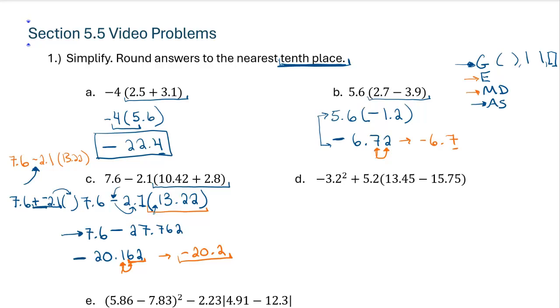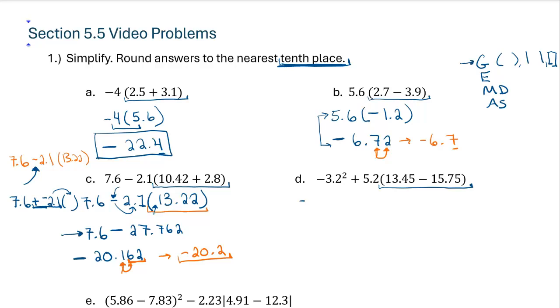So looking at this, we once again have GEMDAS. We are simplifying with decimals, but the simplifying is still the same process. Looking at D, I do have grouping right here. So that's where I'm going to start.